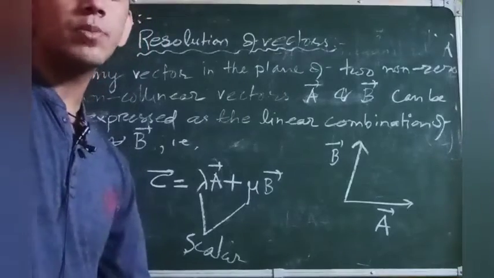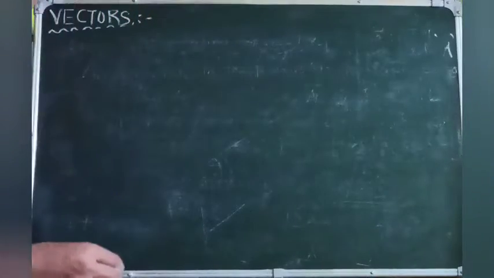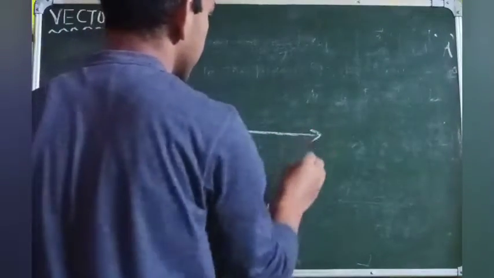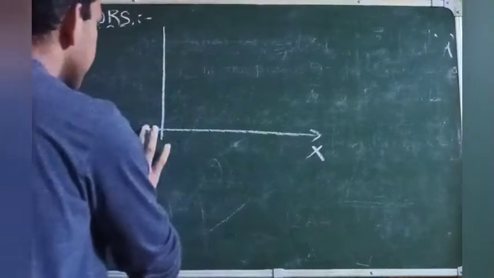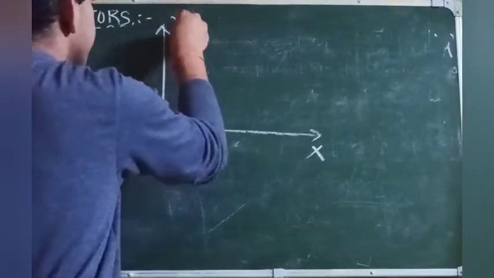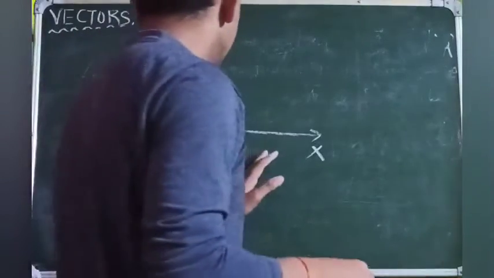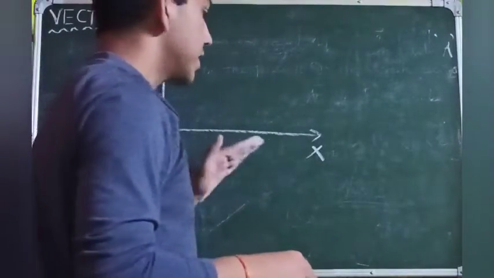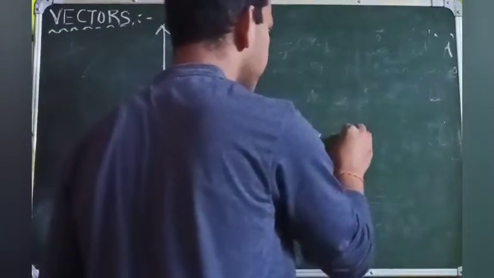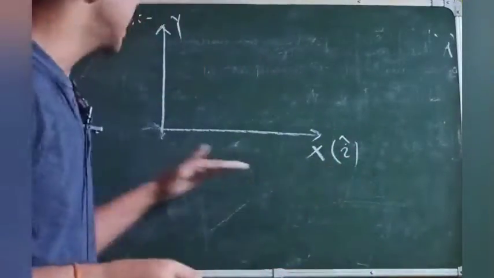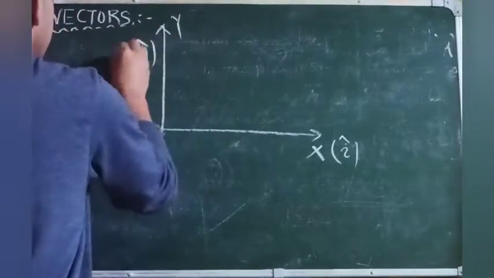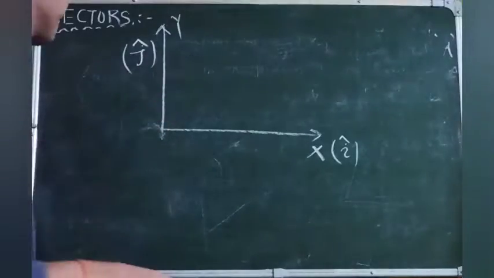Next, we are going to see projection of vectors. Let us draw the xy plane. Suppose this is x-axis and this is y-axis. Now, let the unit vector in the direction of x-axis be represented by i cap. i cap is the unit vector along the x-axis and j cap is the unit vector along the y-axis.